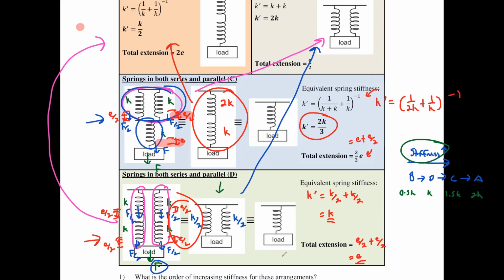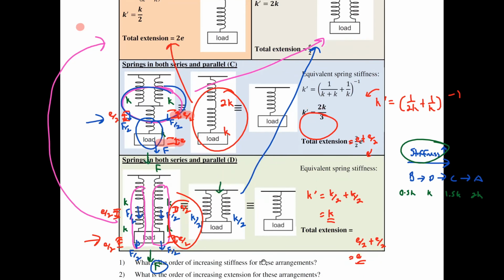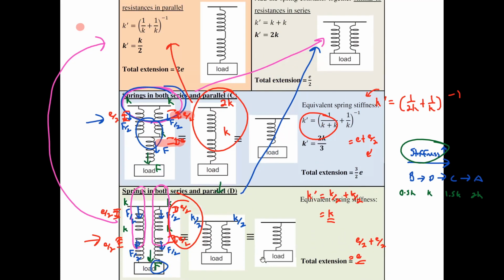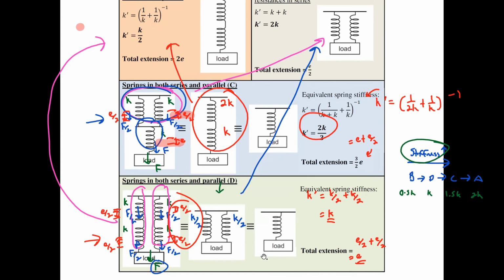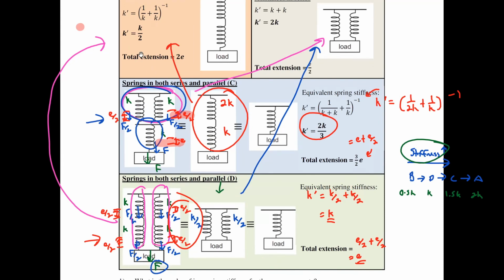But what about increasing extension? Increasing extension would be something like this. I draw the same thing again. In order of increasing extension, what's the smallest extension?